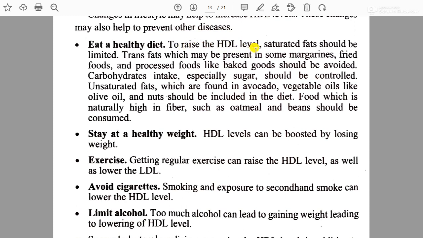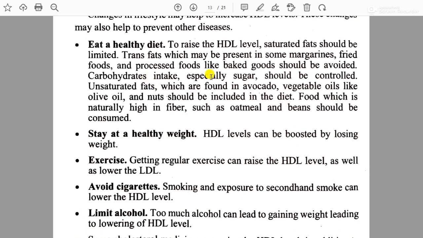To raise the HDL level, saturated fats should be limited, and trans fats, which may be present in some margarines, fried foods and processed foods like baked goods, should be avoided. So we should avoid saturated fats and trans fats which are present in fried foods and processed foods.